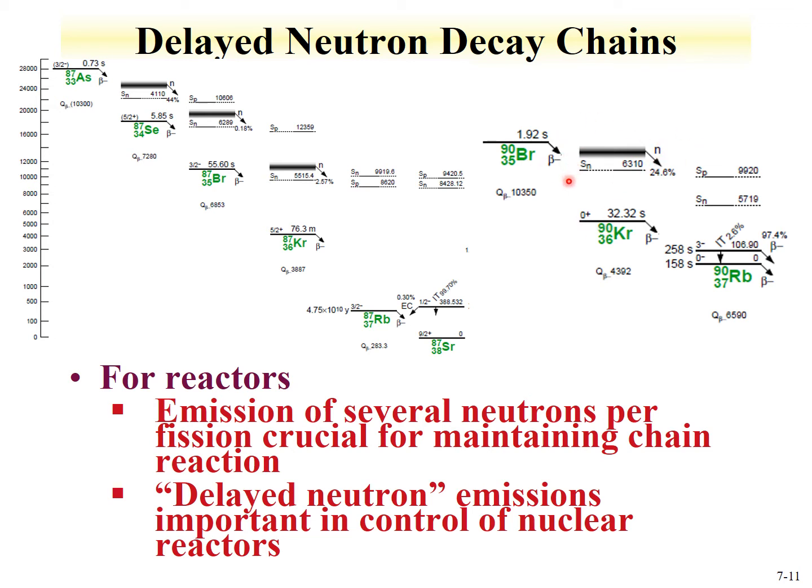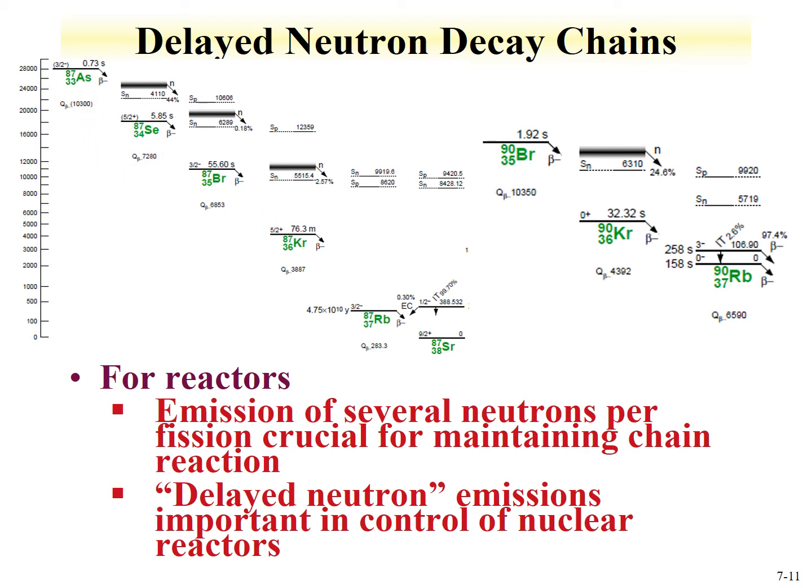So the key, if you were to look at data from the table of the isotopes, is this dark bar with the N that indicates neutron emission. And again, one of the trends is that neutron separation energy, for this case, is generally on the order of 5 MeV, and the Q value is obviously greater than that value.